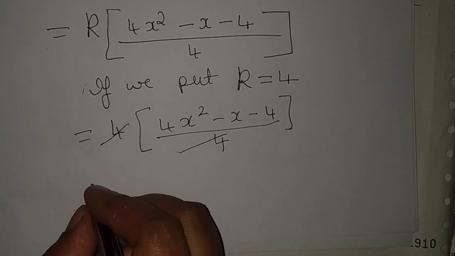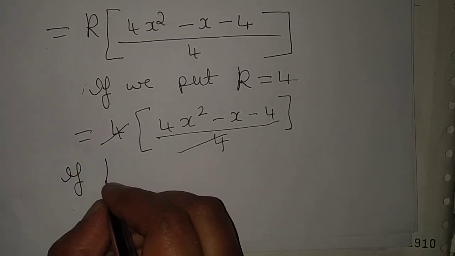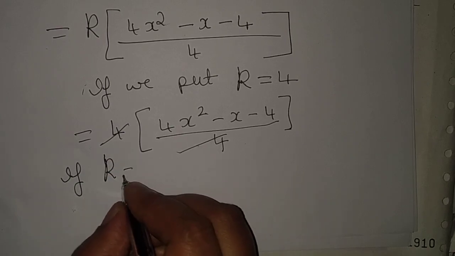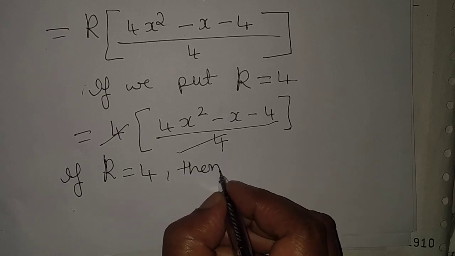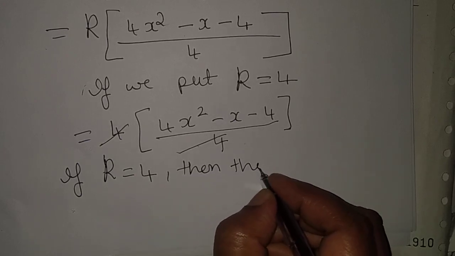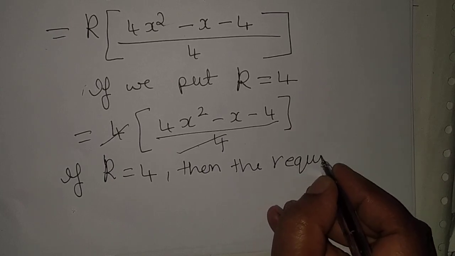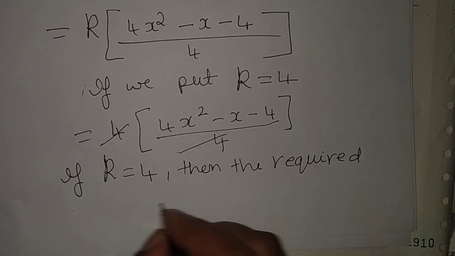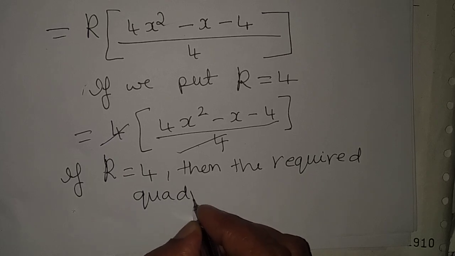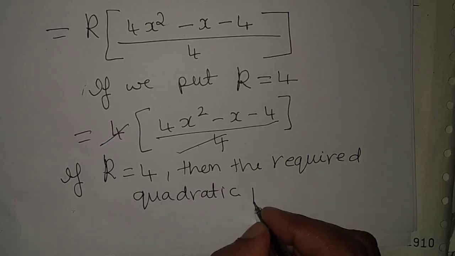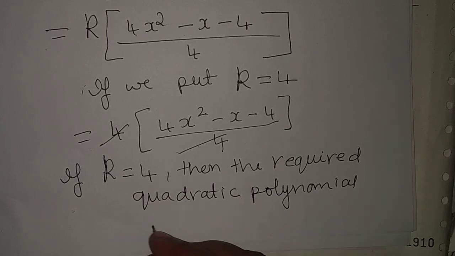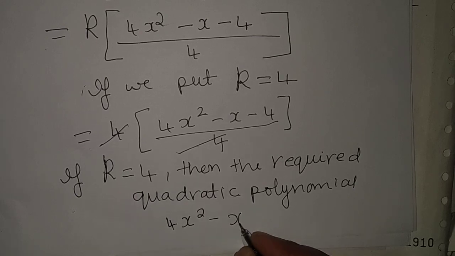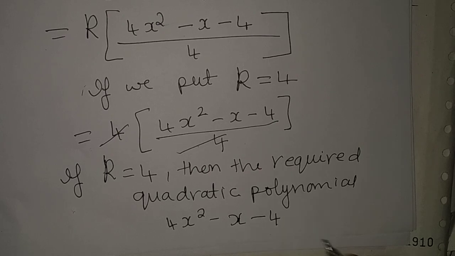So finally we conclude, if k is equal to 4, then the required quadratic polynomial is 4x square minus x minus 4.